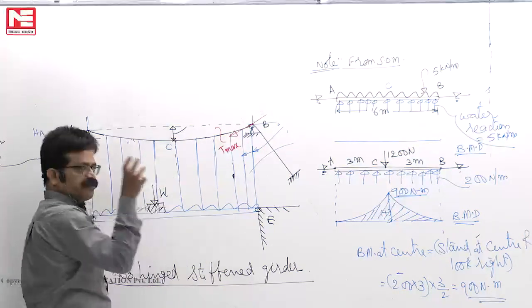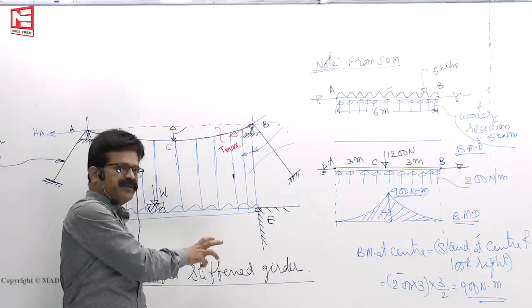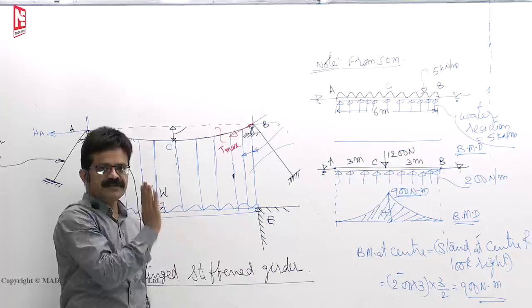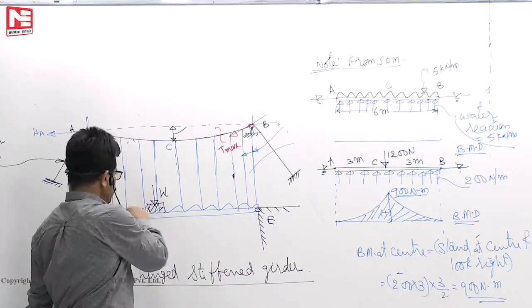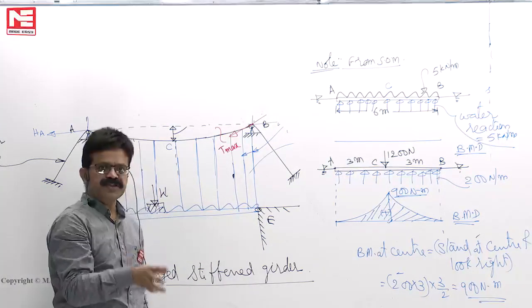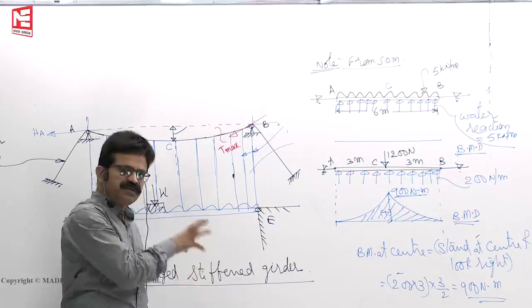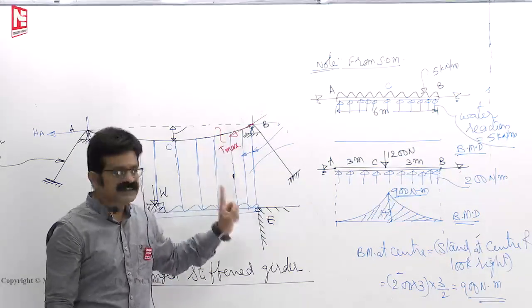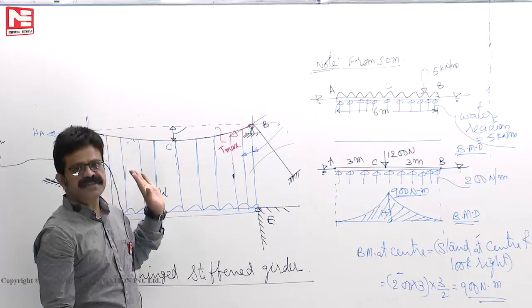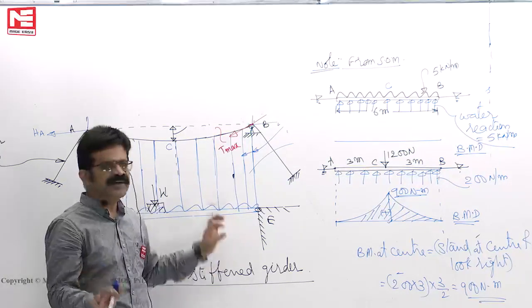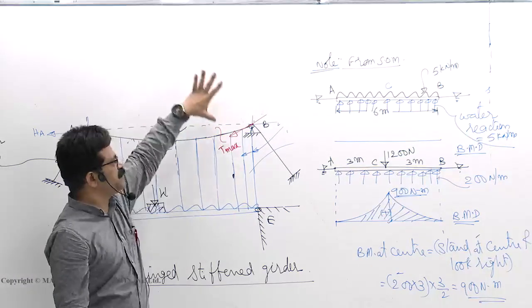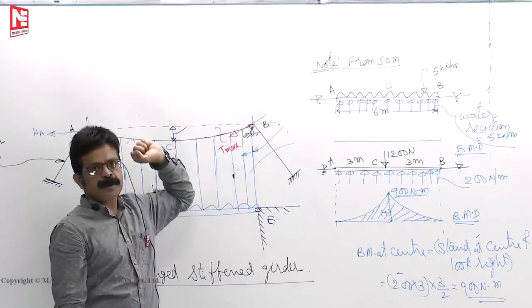So when there is part UDL or a point load on the two hinged stiffened girder, then the beam will bend, and shear force and bending moment will develop. But if it is subjected to uniformly distributed dead load or uniformly distributed live load throughout its length, only then the bending moment and shear force are 0. The beam will not be loaded, the entire load is taken by the hanger bars, and those bars will transfer load to the cable.